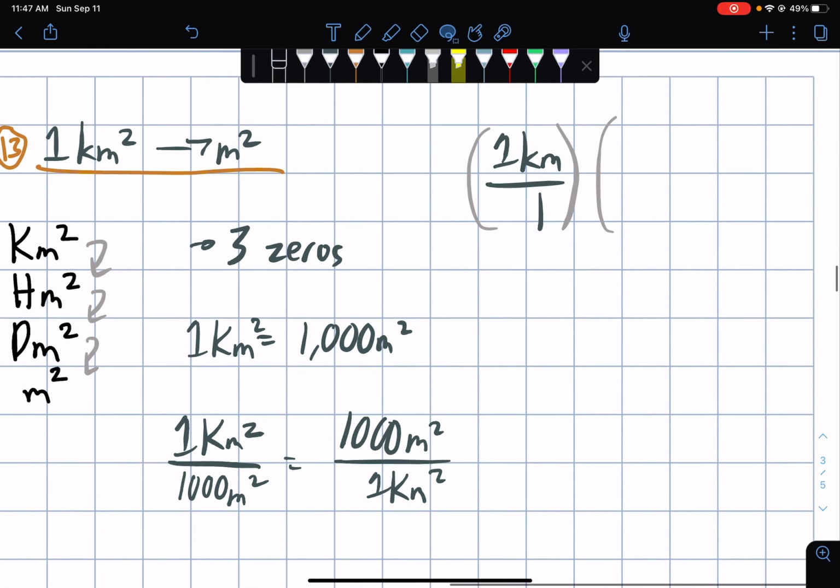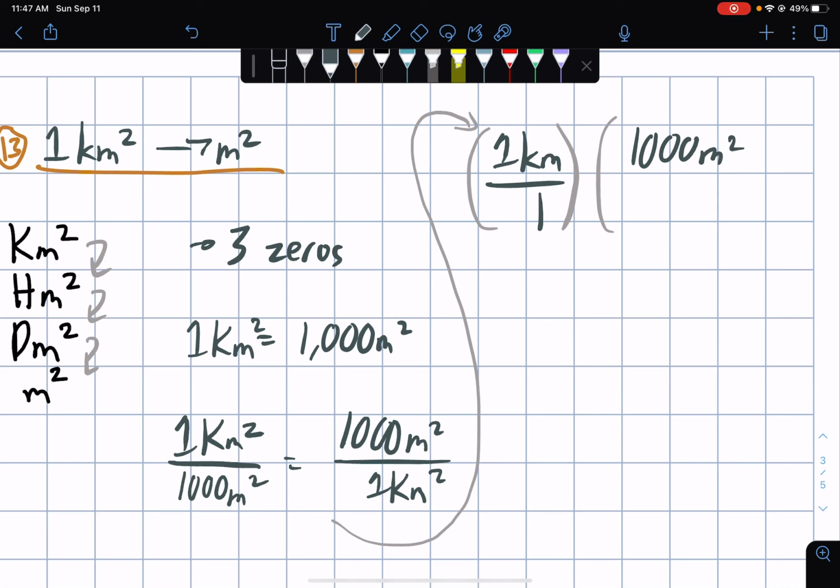Okay, so there, 1,000 meter squared over 1 km squared. Cancel the units. 1000 times 1 is still 1000, literally.